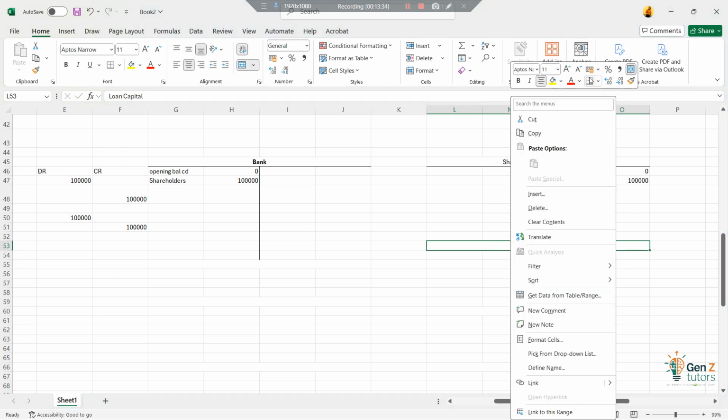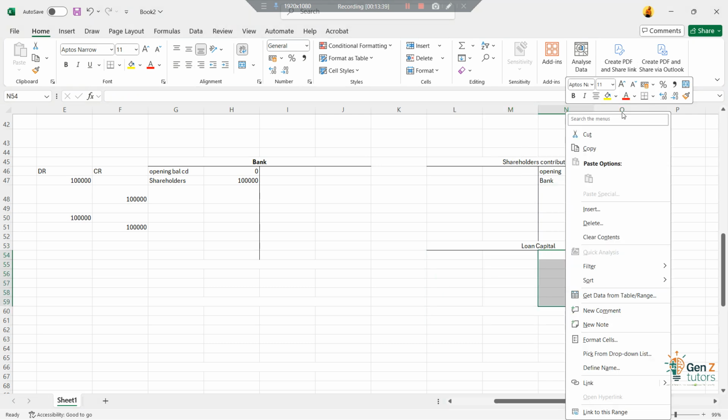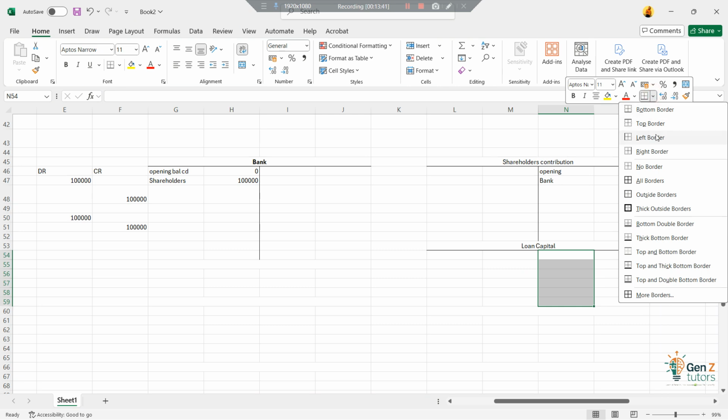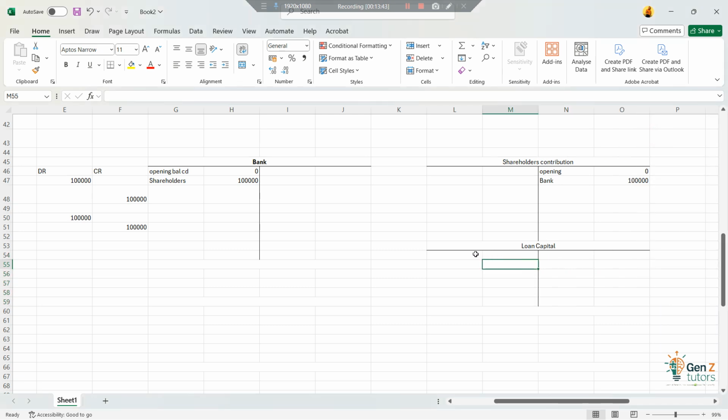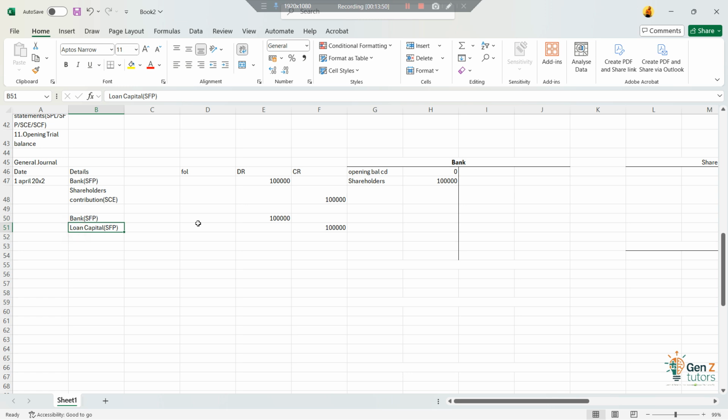Then now, before we go any further, let's go and create the loan capital ledger account. Right, and then let's just put it on this side, okay?